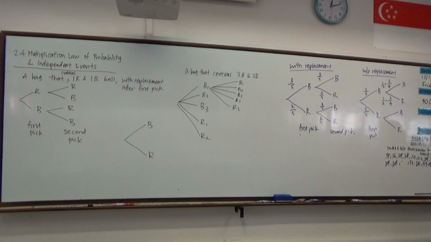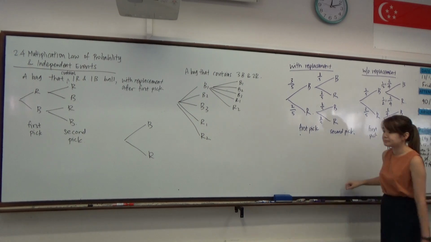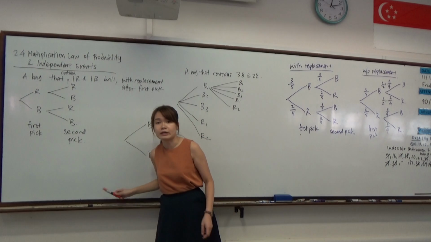And how many would be blue? 3. So my probability will be 3 over 4. Okay? And then after that, the probability of getting the red one will be 1 red out of a total of 4 balls left inside the bag. Any questions so far?